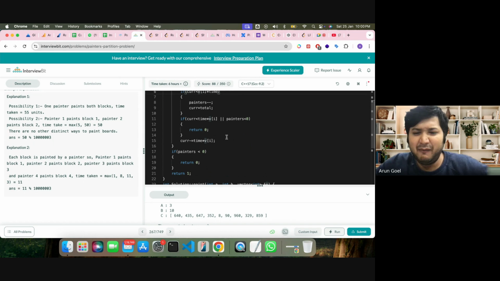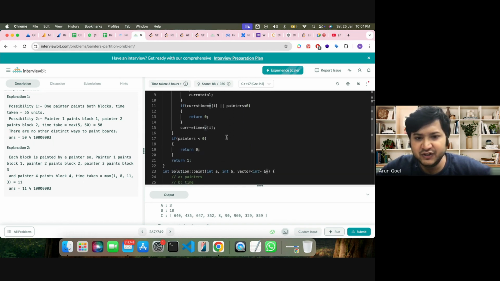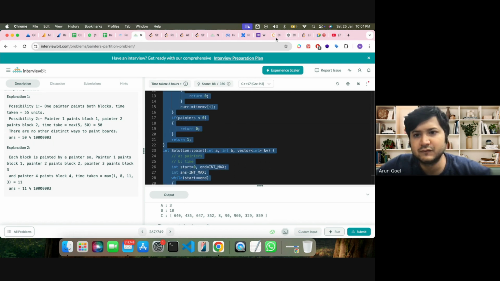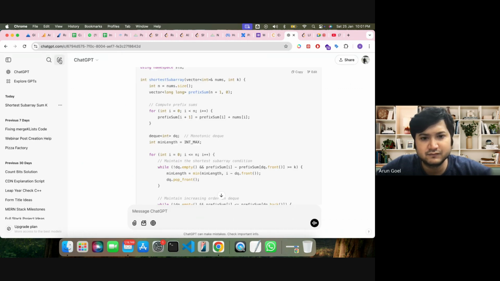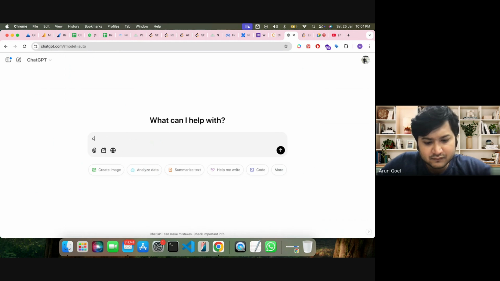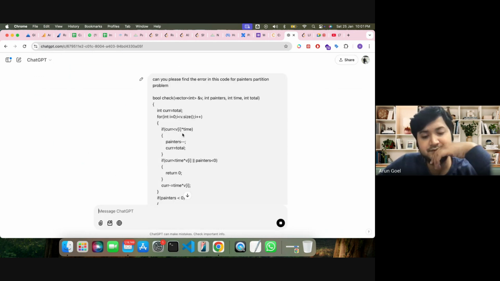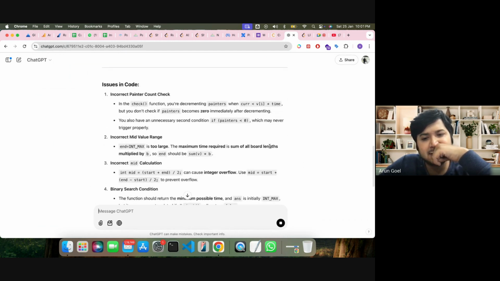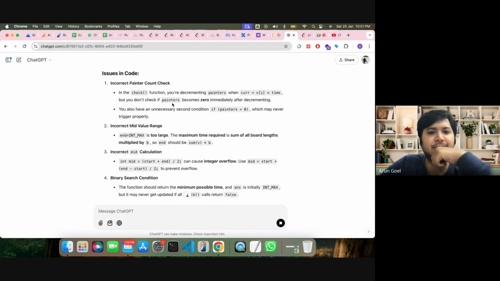Should we directly ask ChatGPT about it? ये बहुत सिली एरर ही हो रहा है और तो कुछ नहीं है। Okay, in the check function you're decrementing painters when current is lesser than v of i into time, but you don't check if the painters become 0 immediately after decrementing it.